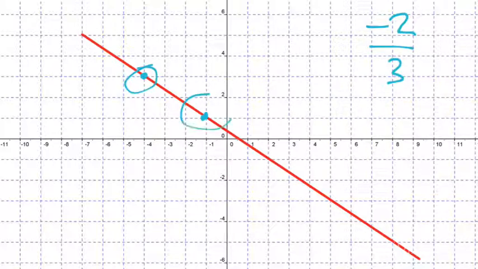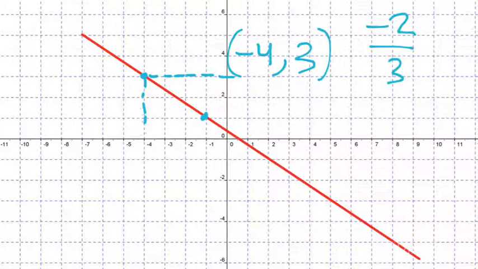So, one of these points, write me out its ordered pair. Whichever one, it doesn't matter. You want to go with this one? Go for it. This one is -4, 3, right? There's my point.